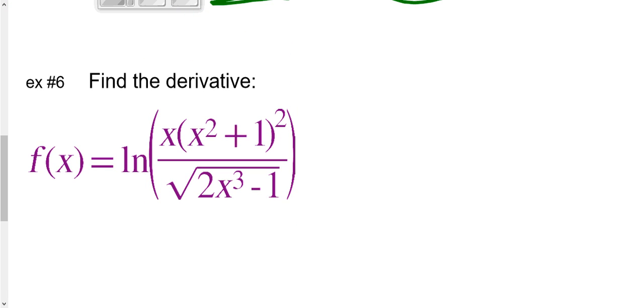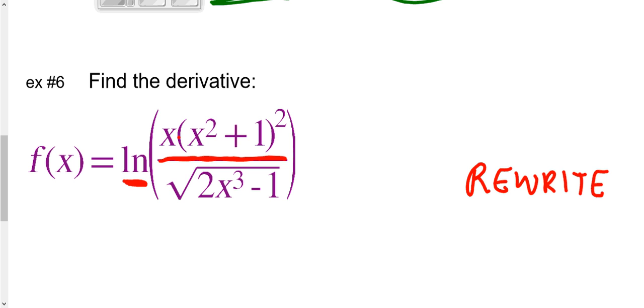I know this is bigger, but again, remember we're happy that it's an ln because we can use our properties to separate this. So when we rewrite this, we have these are being divided and that's multiplied.